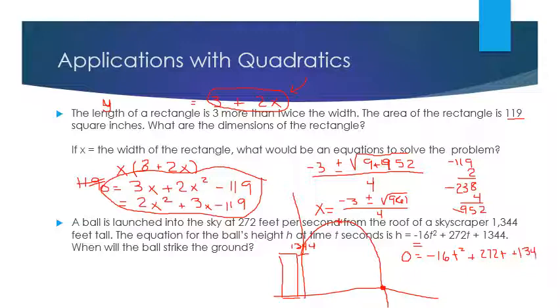Okay, now this one can be simplified a little bit. You can tell that each of these is divisible by 4, maybe even by 16. So you could bring this down and simplify it quite a bit, because once it's equal to 0, you can divide all of the terms by the same number without changing the fact that it's equal to 0.